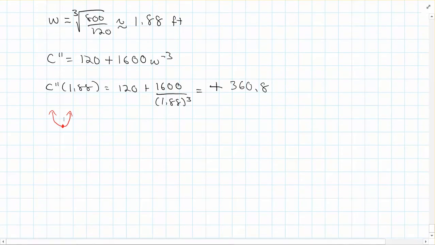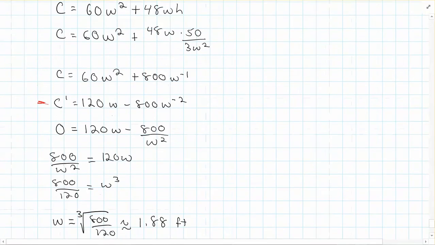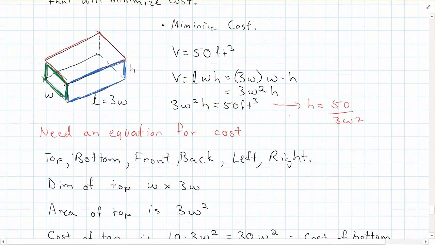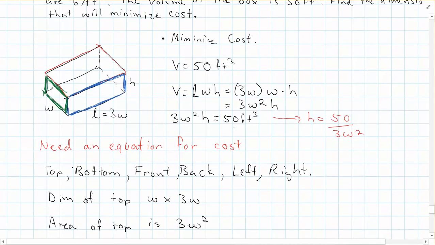So to finish answering the question, well, we know that W is 1.88 feet. We know that my length is equal to 3W, so that would just be 1.88 times 3, which is 5.64 feet. But then we remember, scrolling back here, we had that 3W squared H has to equal 50.